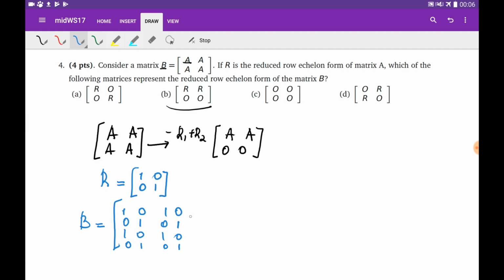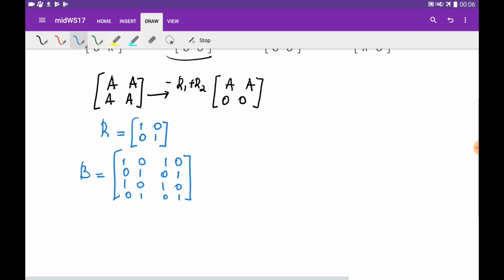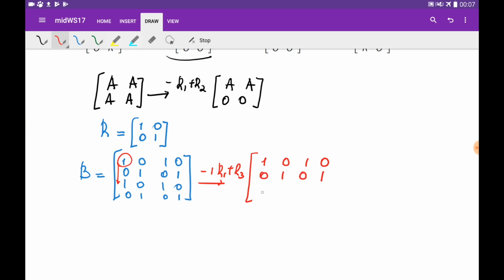In order to bring this matrix to the reduced row echelon form, we have to multiply the first row by -1 and add this to the third row. What we're going to obtain is 1 0 1 0, 0 1 0 1, 0 0 0 0, 0 1 0 1.